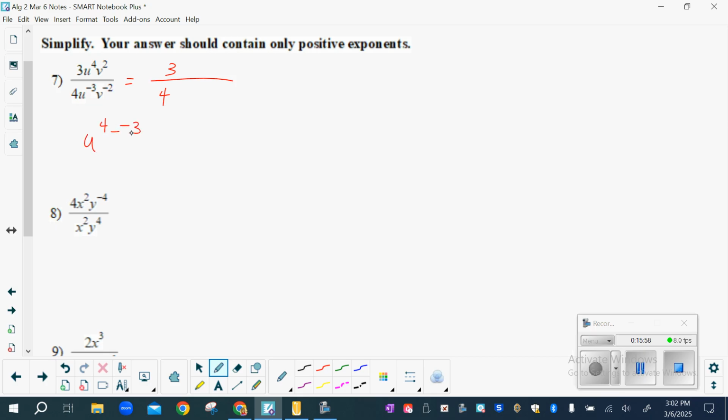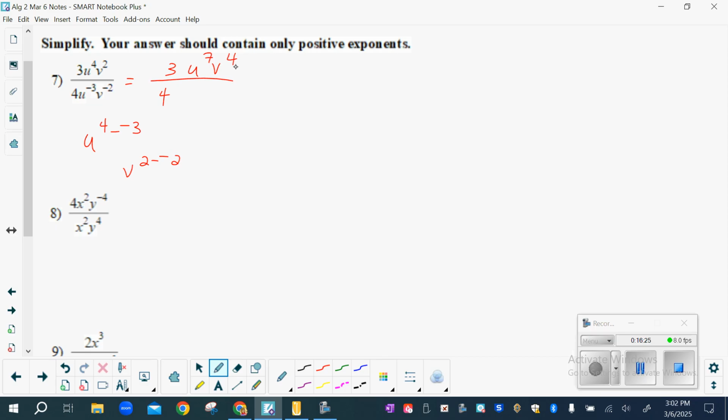You just have to be careful because of the negatives. U to the 7th. And then v to the 2 minus -2. Yep, v to the 4th. So do we need to move anything? No. So we just subtracted. Remember, you can subtract the exponents when you're dividing.